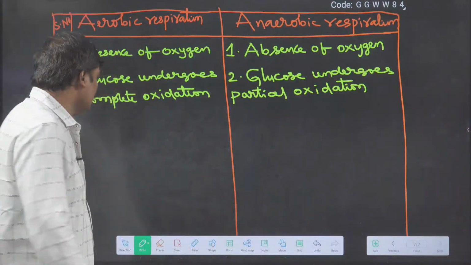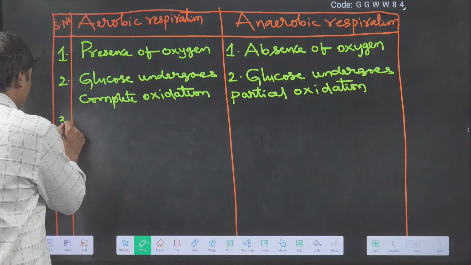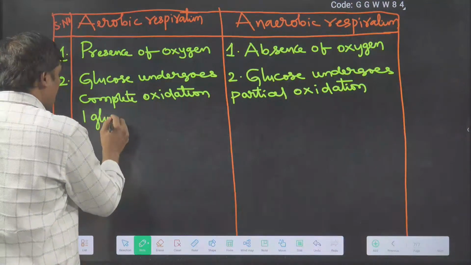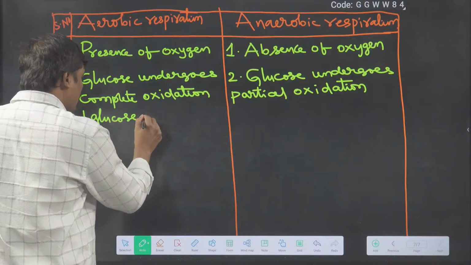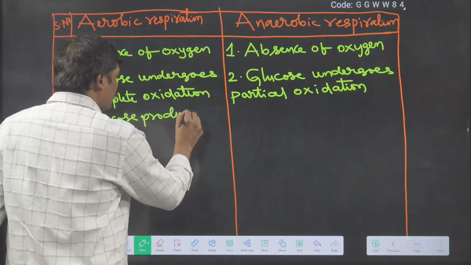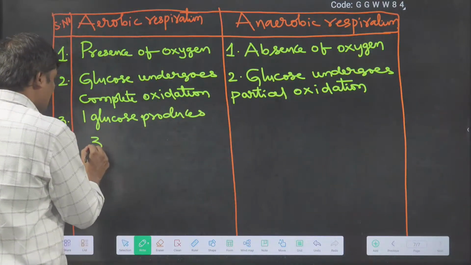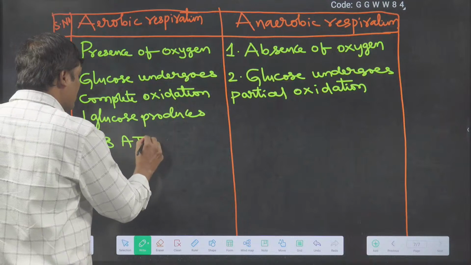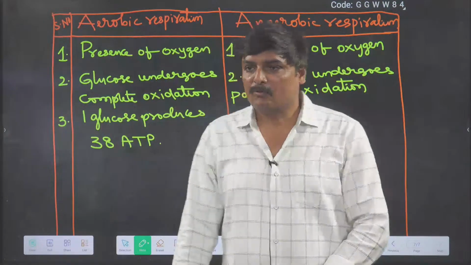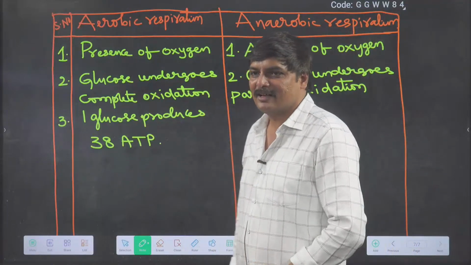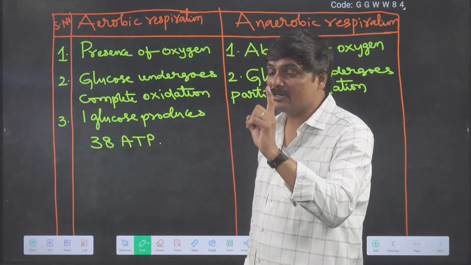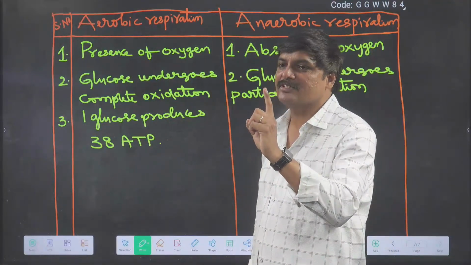Next. One glucose upon complete oxidation in the presence of oxygen produces 38 ATP molecules.